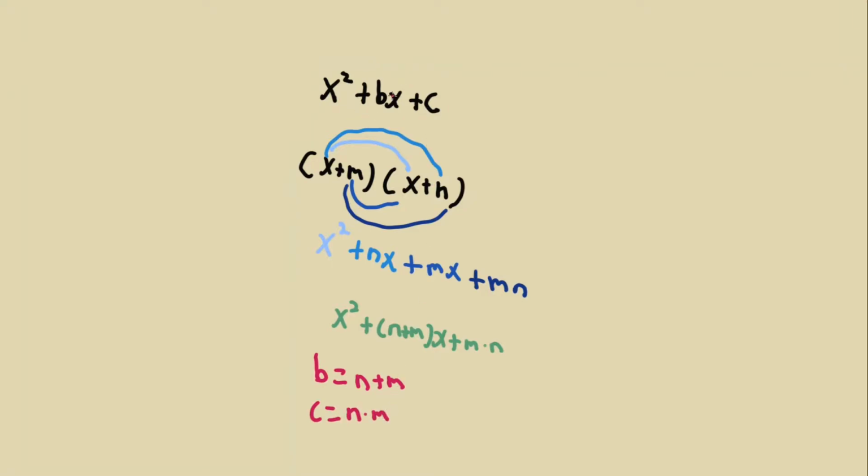So when we're trying to factor trinomials in this form, we have to find two numbers that add up to b and multiply up to c. And then we can write them in this form right here. Now, this might be a little bit confusing because it's abstract, but let's see some examples, and I think you'll understand it better.